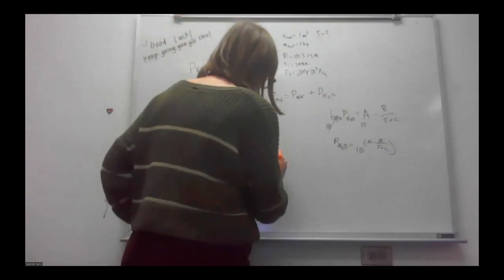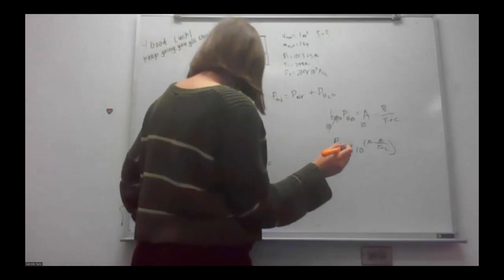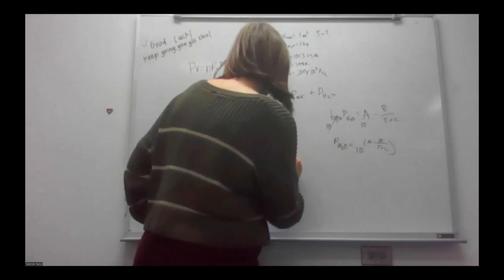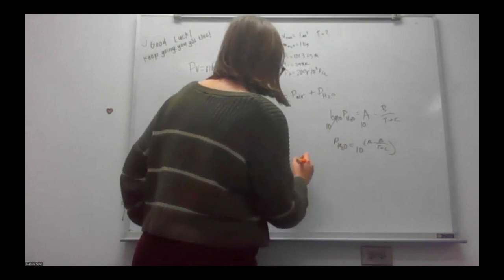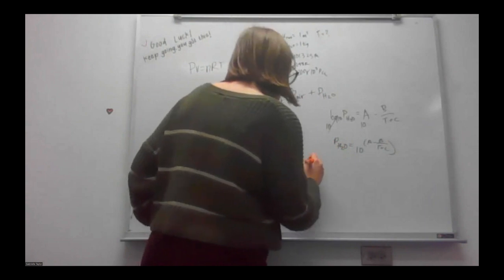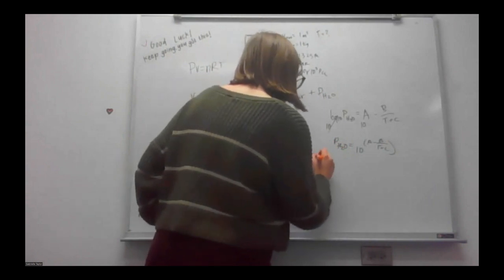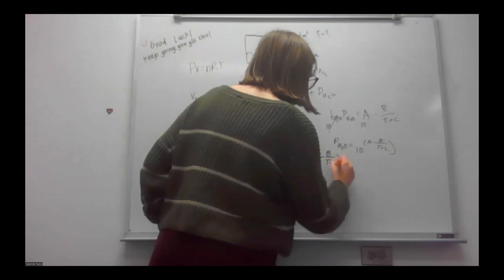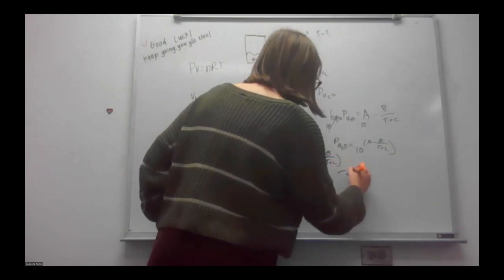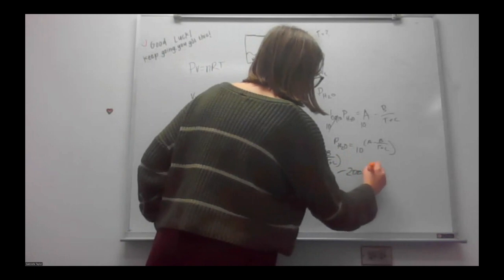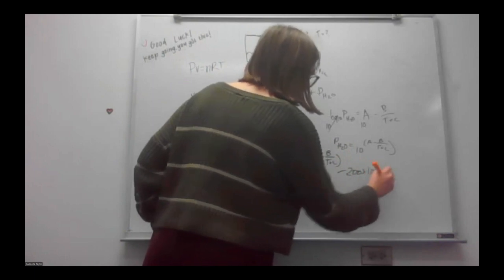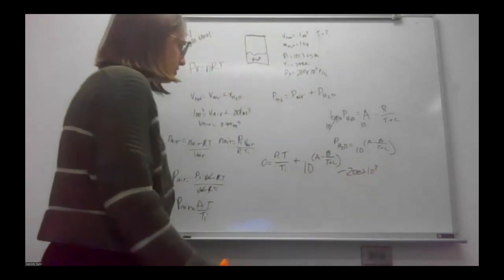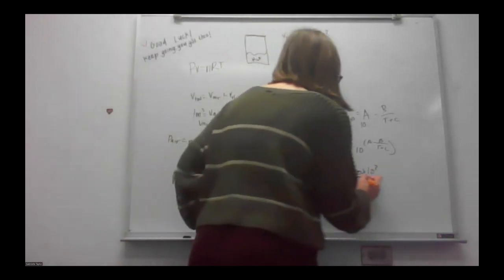This should make an easy equation: Pi times T over Ti plus 10 to the A minus B over T plus C, minus 200 times 10 to the third. I'm going to take the pascals out of that. Okay, so this is our equation right here.